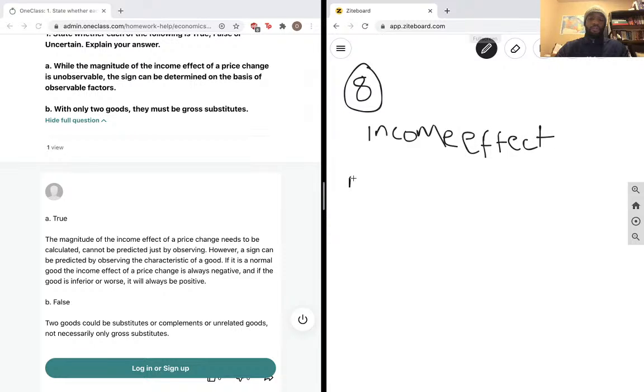So if the good is normal, the income effect will be negative. And if the good is inferior, the income effect would be positive.